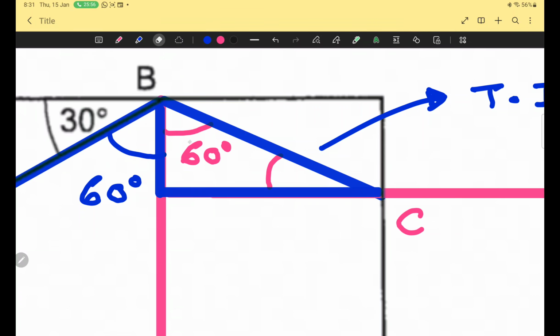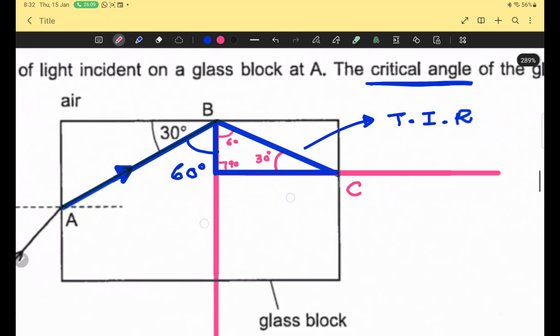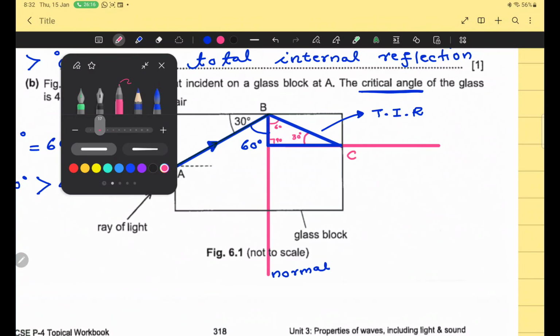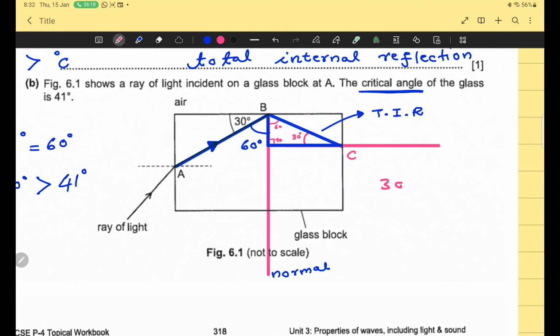If this is a right angle triangle, then obviously the angle at C is 30 degrees. And this 30 degrees is less than the critical angle, because the critical angle is 41 degrees.